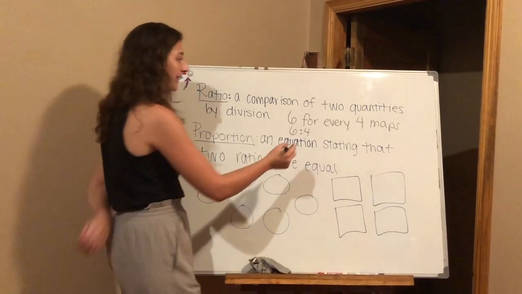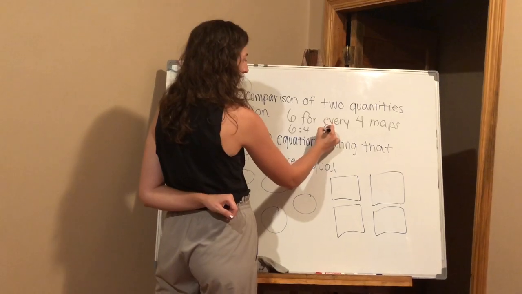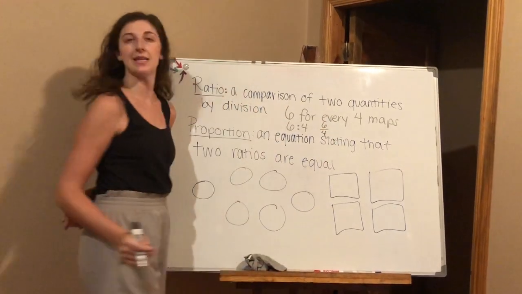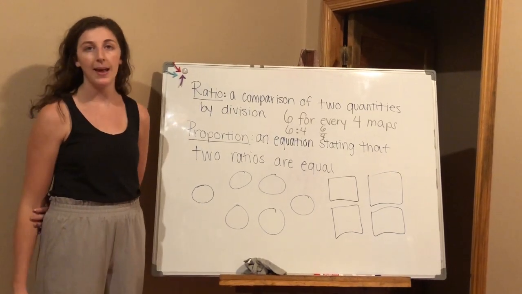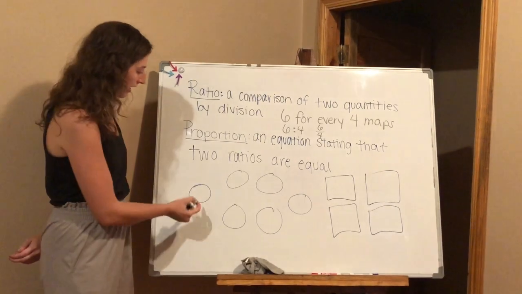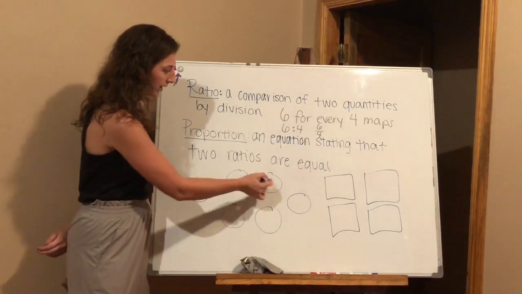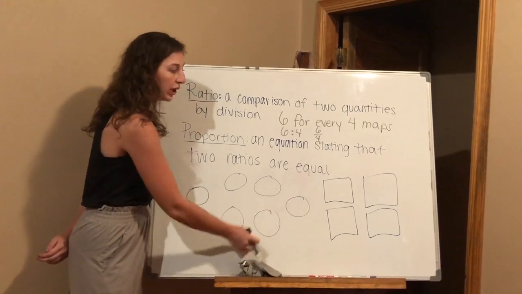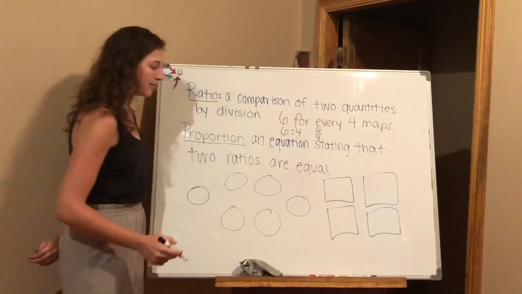We can write these to look like a fraction, but it is not the same as a fraction, because a fraction is a part of a whole. We are not showing a part of a whole here. We are showing the comparison between how many globes and how many maps we have.